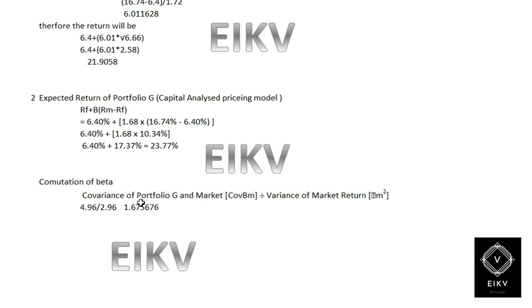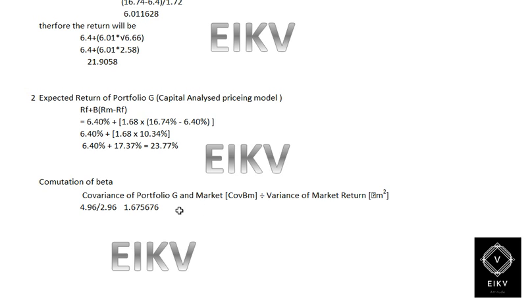Now the computation of beta. You are pretty much curious how the beta has been computed, so it's been explained over here. The complete computation of beta would be the covariance of portfolio G and market divided by the variance of the market return.